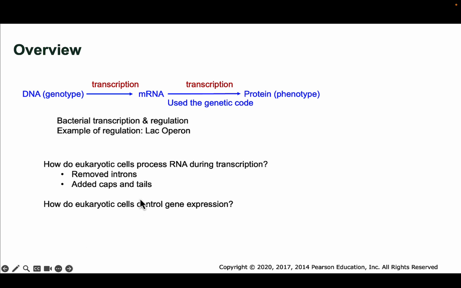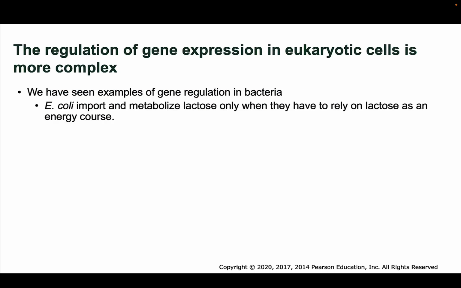Okay, so now that we've talked about this RNA processing, let's talk in a little bit more detail about how eukaryotic cells control gene expression. So we've seen examples of gene expression or gene regulation in bacteria, and we talked about the lac operon, which is a way that E. coli can control whether or not they metabolize lactose.